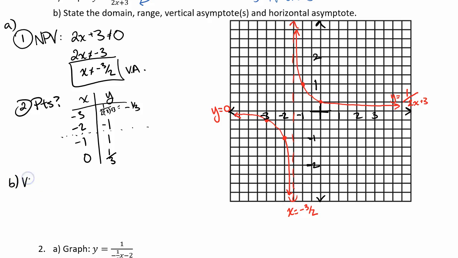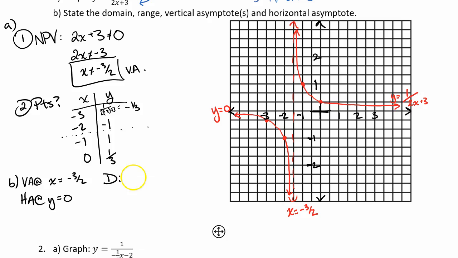So I can already identify vertical asymptote at x equals negative 3/2, horizontal asymptote at y equals 0, as always. My domain in this case has that restriction of my vertical asymptote. So again, we can do this in interval or set notation.